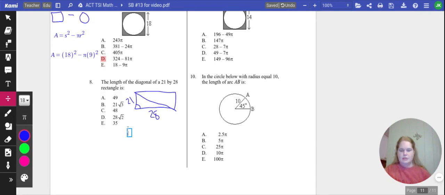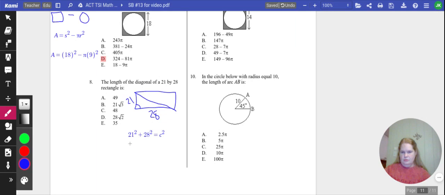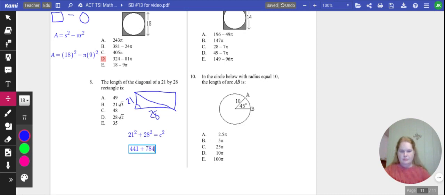So a squared, 21 squared, plus b squared, that's 28 squared, equals the hypotenuse c squared. And then I'm going to add those together. 21 times 21 is 441. 28 times 28 is 784.